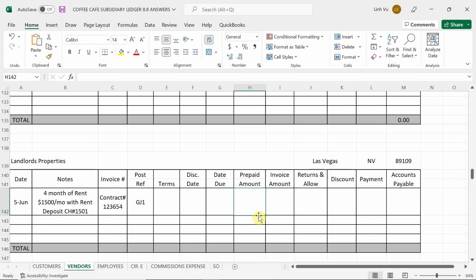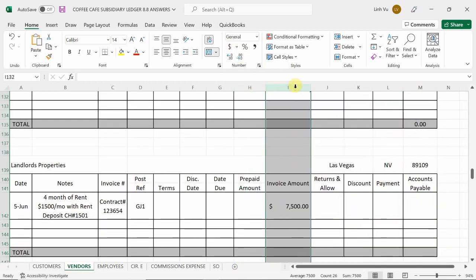So what was my total invoice amount? How much was I billed for? $7,500, correct. So I was billed $7,500, okay?